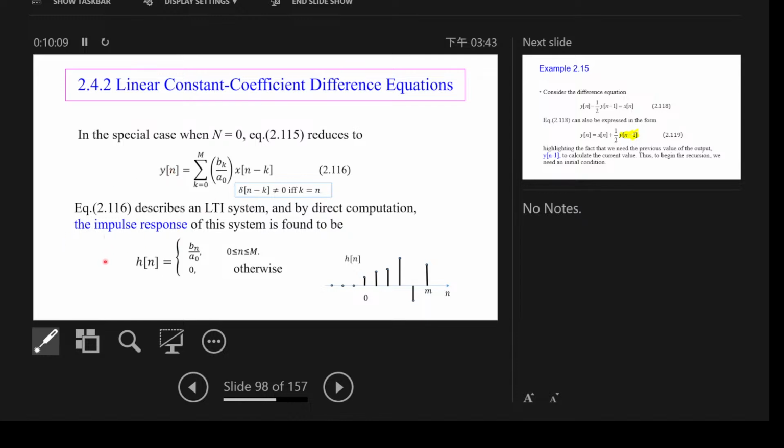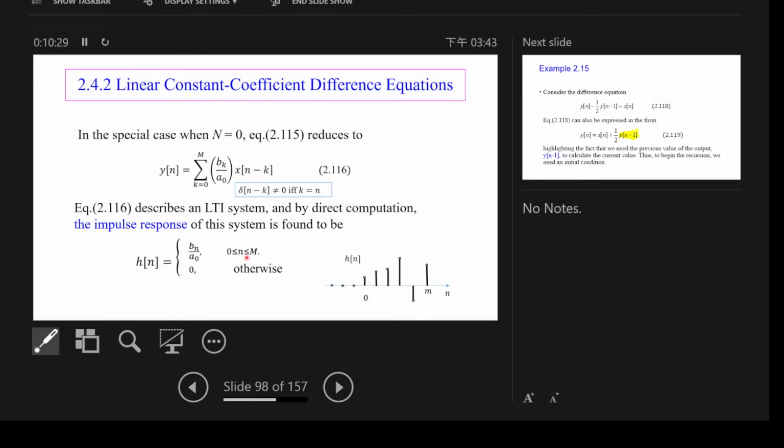You can calculate the impulse response, and your h of n looks like this: b n over a0 for n between 0 and big M, and 0 otherwise. You can calculate that pretty easily.